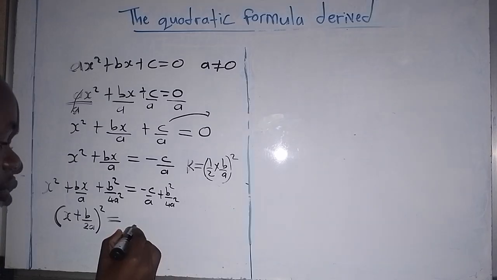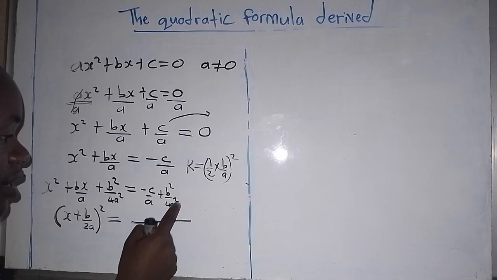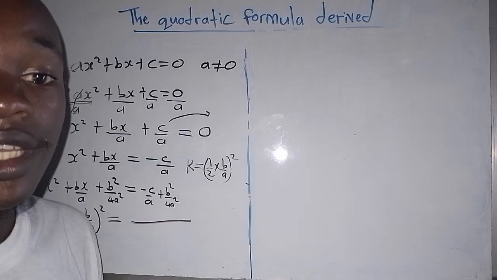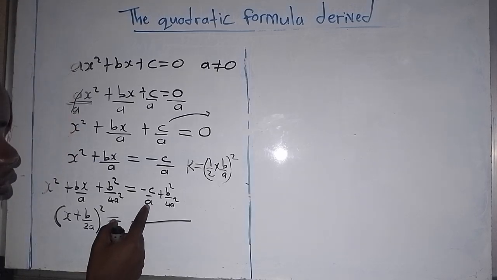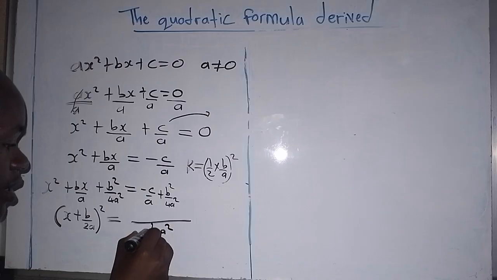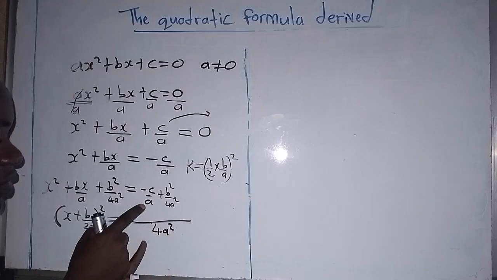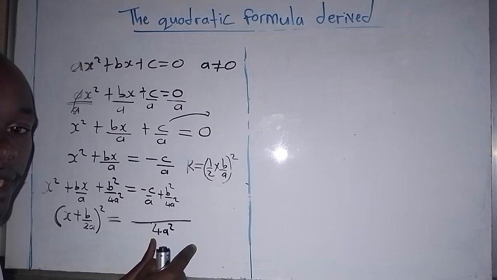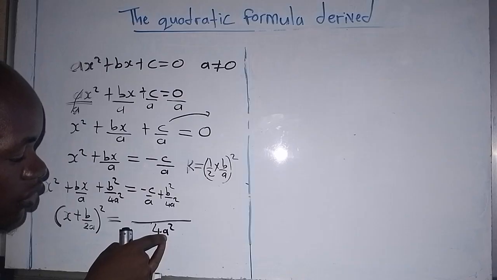Now from here, on the right hand side, you find the common denominator of a and 4a to the power 2. The common denominator of a and 4a squared is just 4a squared. Now this a into 4a squared, the a will just divide into a squared, and what will remain is 4a.